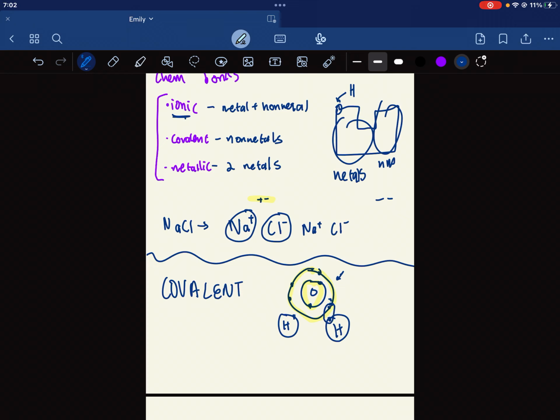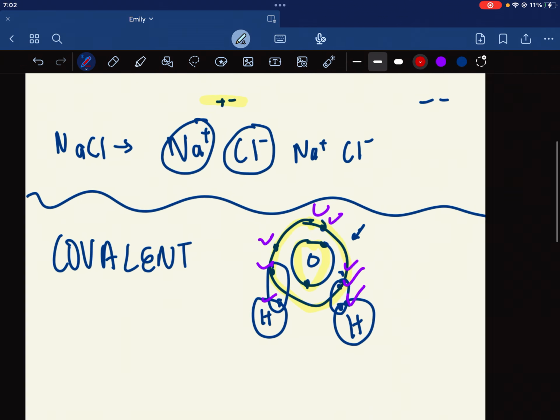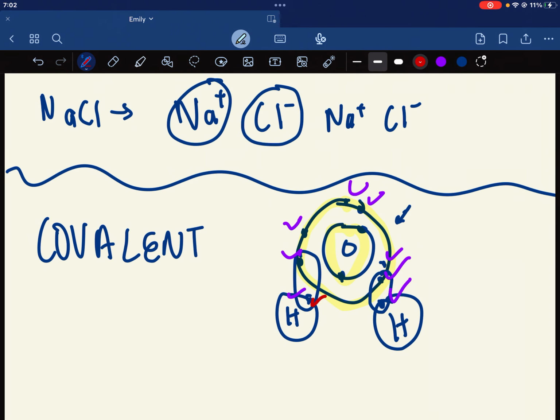It's going to share with hydrogen. And so oxygen now has 1, 2, 3, 4, 5, 6, 7, 8 valence electrons. Jacob gets very mad at me when I say oxygen's happy. It's not happy. It just has a full outer shell. Hydrogen has 1, 2. So these electrons count for both. They count for the hydrogen and oxygen to make it full.